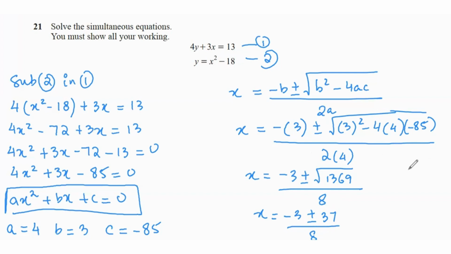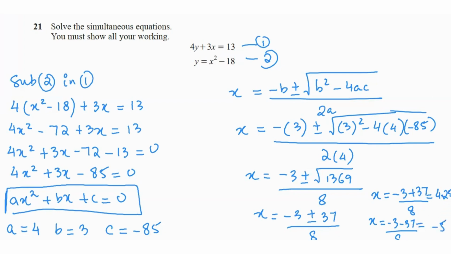I'm going to write that over here: x equals negative 3 plus 37 over 8, and x equals negative 3 minus 37 over 8. So for plus, we get 4.25, and for minus, we get negative 5.